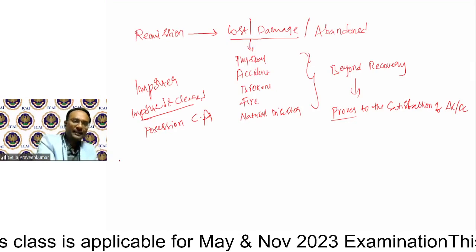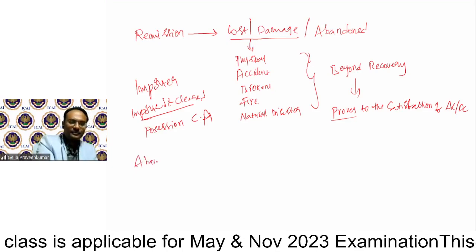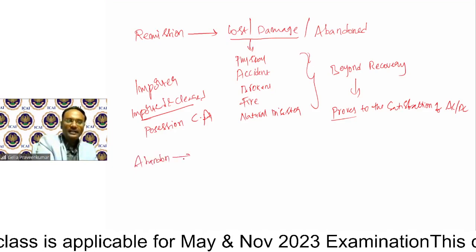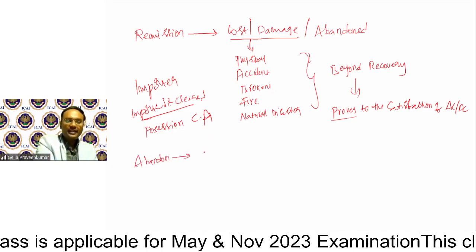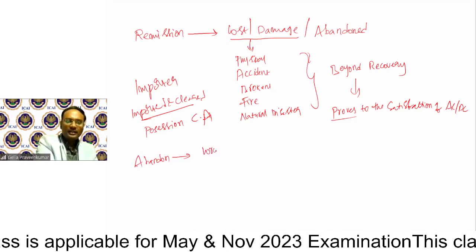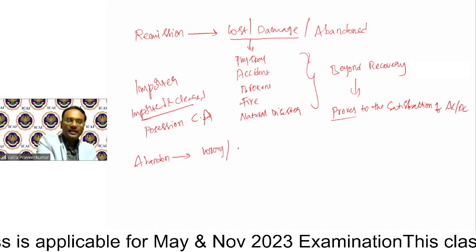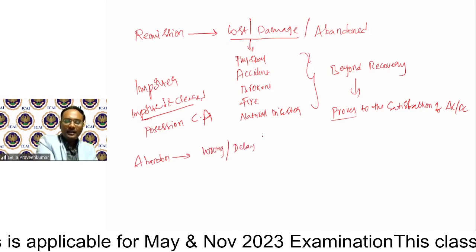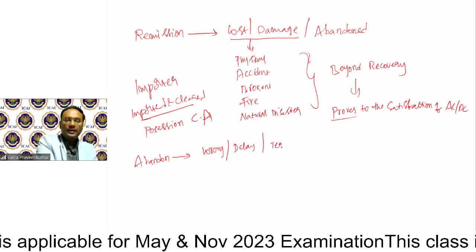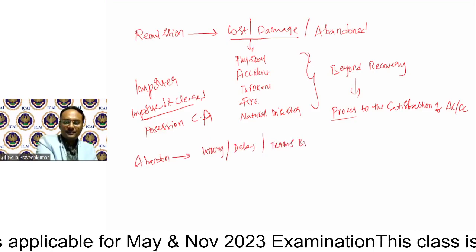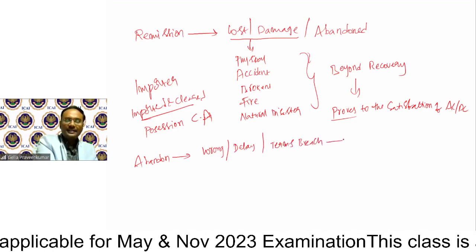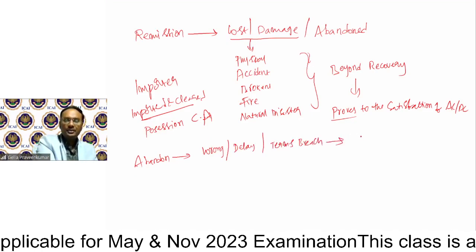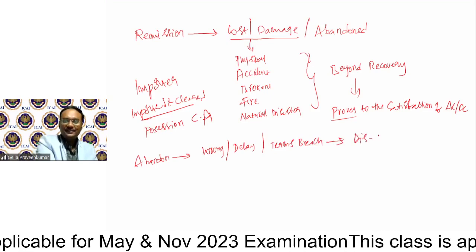Next case is your abandonment. Now, there could be circumstances where there could be a wrong shipment. There could be a delay in shipment. There could be terms of contract which are breached. These are circumstances where the importer shows disinterest.